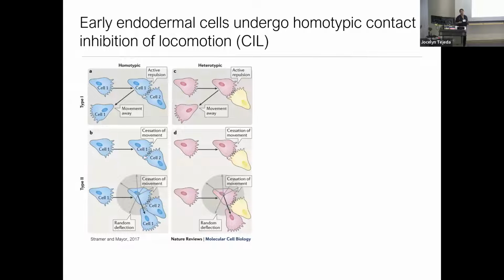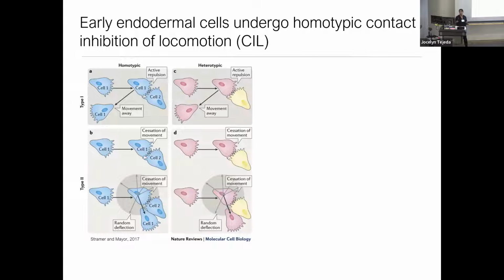We can further break down contact inhibition of locomotion into two broad subcategories based on the specific response of a cell to colliding with or contacting another cell. In type 1 CIL, a cell responds to colliding with another cell by changing its direction and moving away.